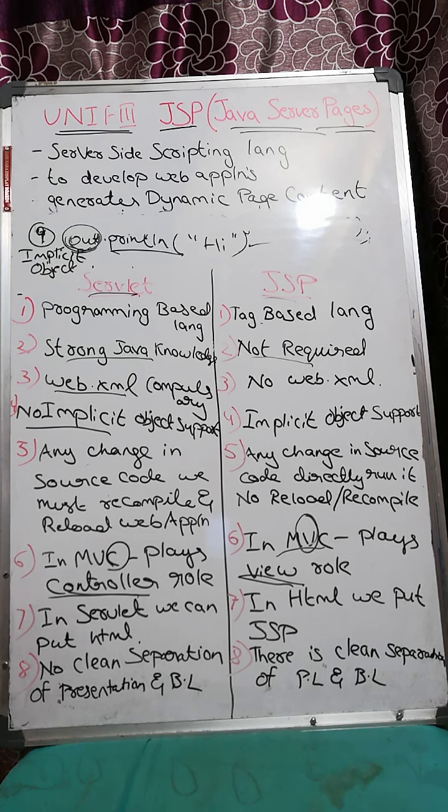HTML tags we put, and whenever we want to embed any JSP code in HTML, we have separate scriptlet tags. With the help of the scriptlet tags, we embed JSP code in our HTML. So there is a clean separation between the presentation logic and the business logic in JSP. So these are the 8 important differences between servlet and JSP.